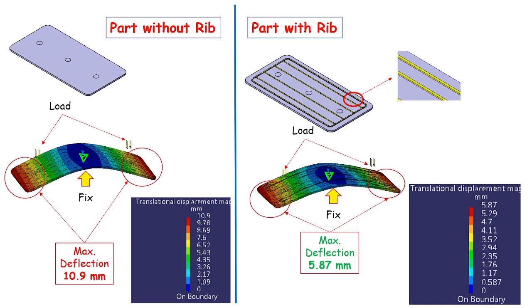So you can clearly see the rib part has a minimum deflection of 5.87, near about 6 mm, and the part without ribs has 11 mm deflection. Both parts have the same size, but the deflection differs, as you can see here.